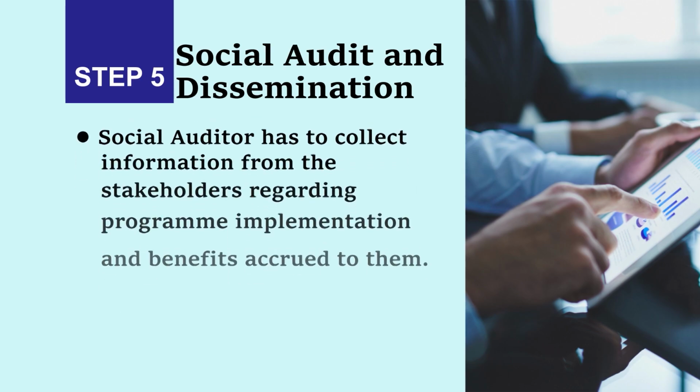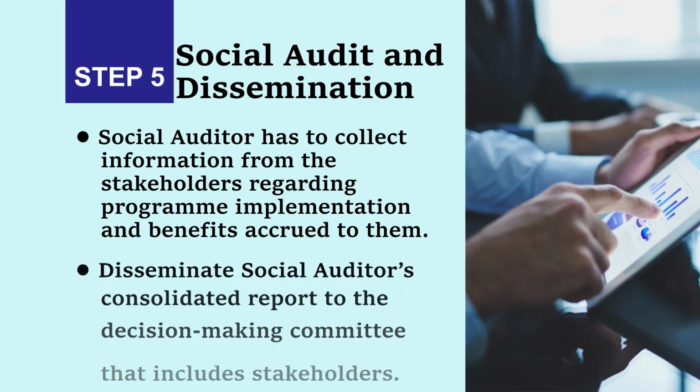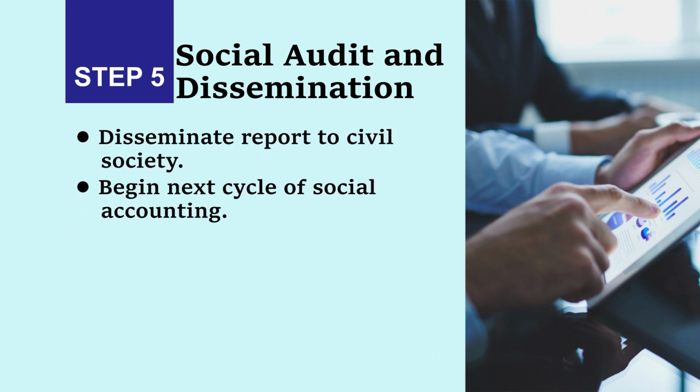The social auditor has to collect information from the stakeholders regarding program implementation and benefits accrued to them. Then the significant process in this step is to disseminate the social auditor's consolidated report to the decision making committee that includes stakeholders, and we need to disseminate the report to civil society, and begin the next cycle of social accounting.